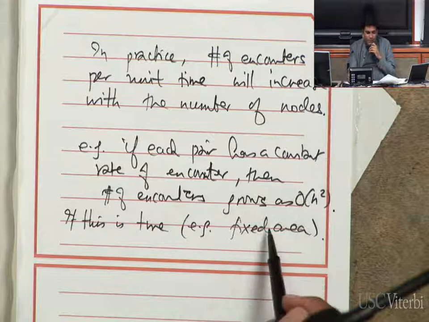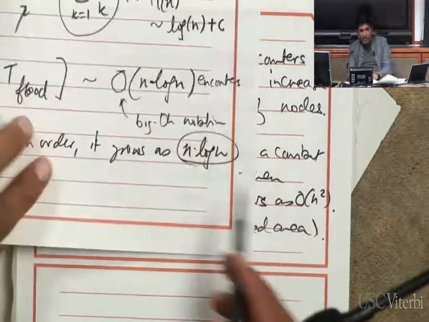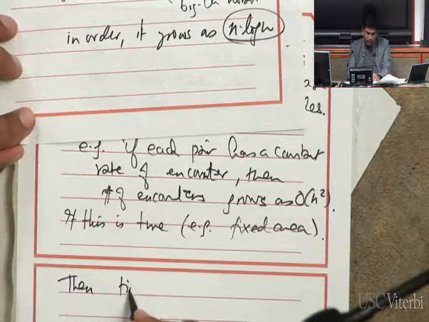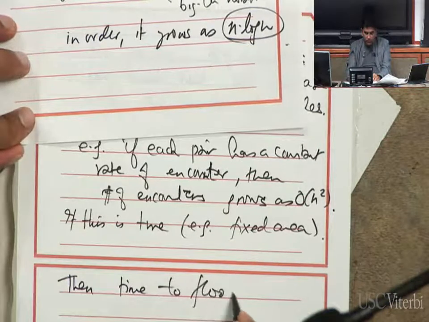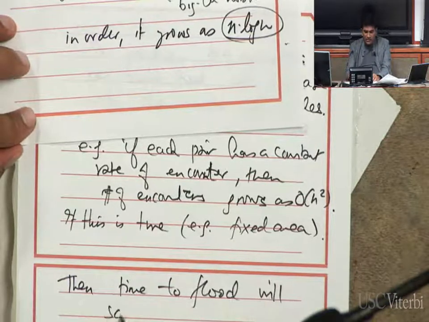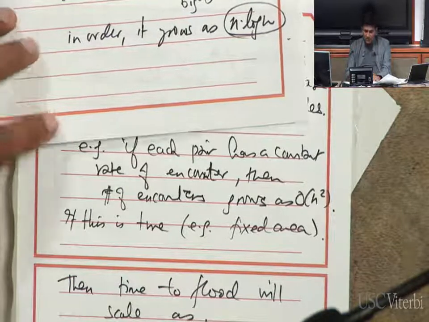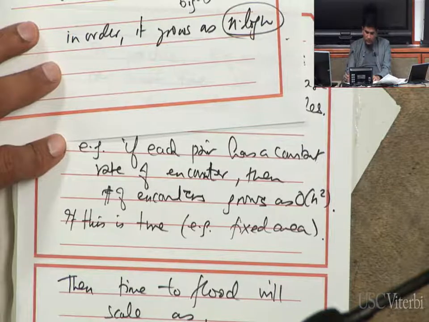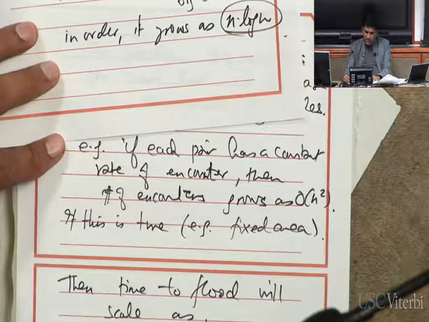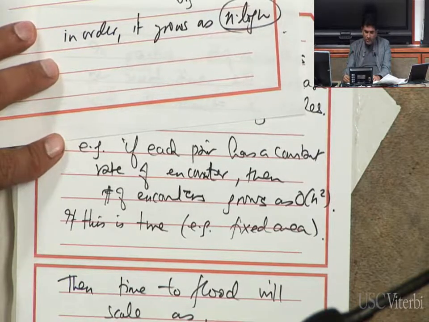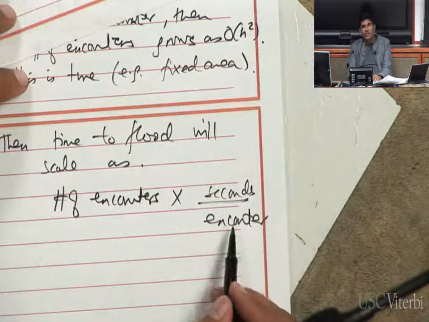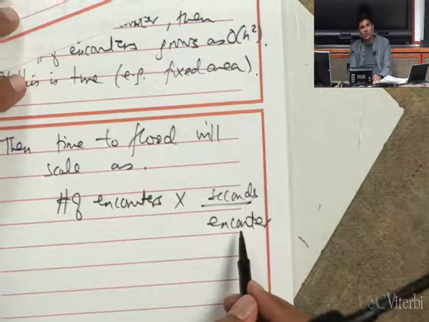So if we make this type of an assumption, then the time to flood will scale as number of encounters times seconds per encounter. And what I'm saying is that the encounters per second is growing as order n squared.